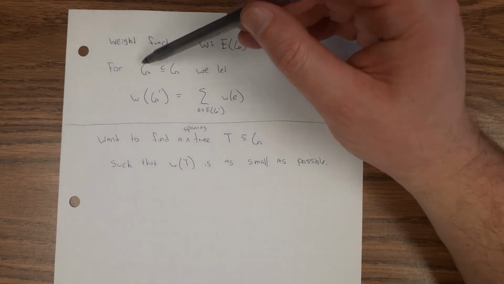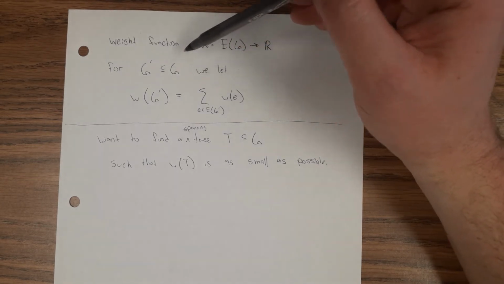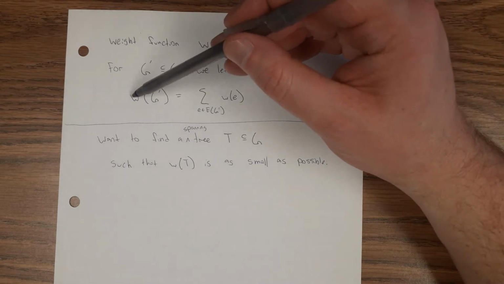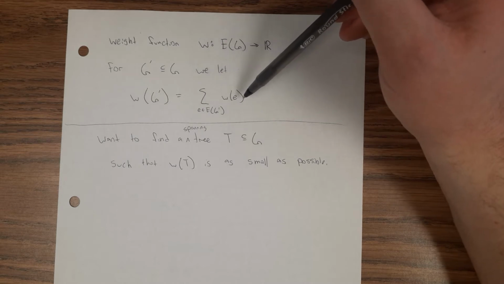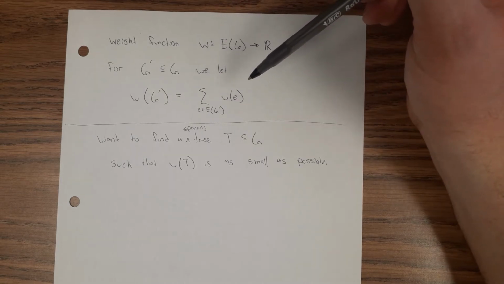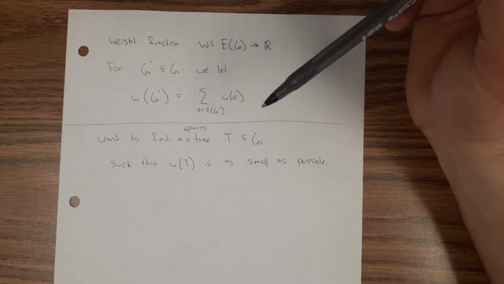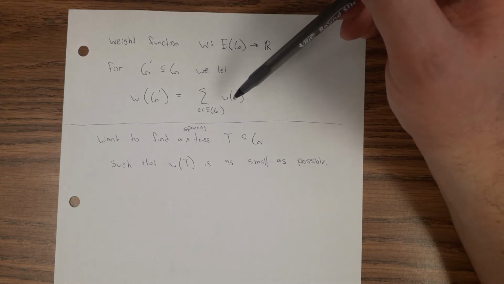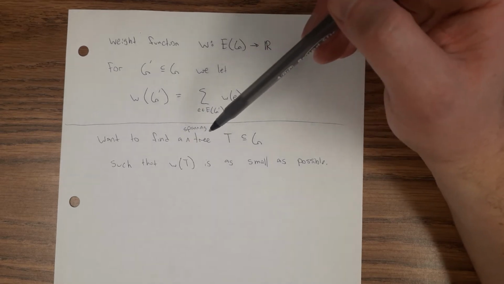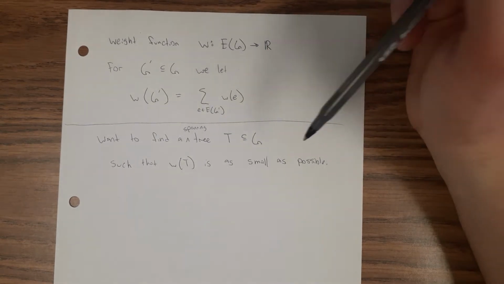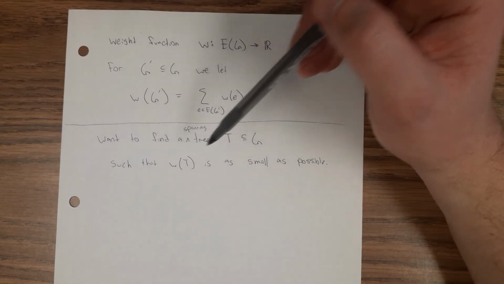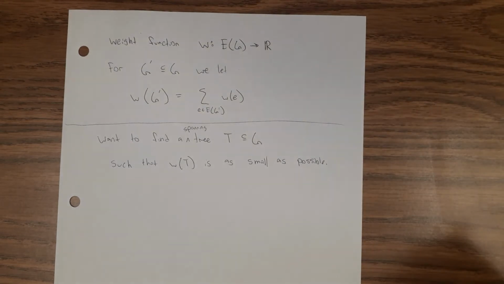And for a subgraph of G, we say that the weight of the subgraph is just the sum of the weights of the edges in the subgraph. So what we're really looking for in this problem is to find a spanning tree T such that the weight of T is as small as possible. The W of T is as small as possible.